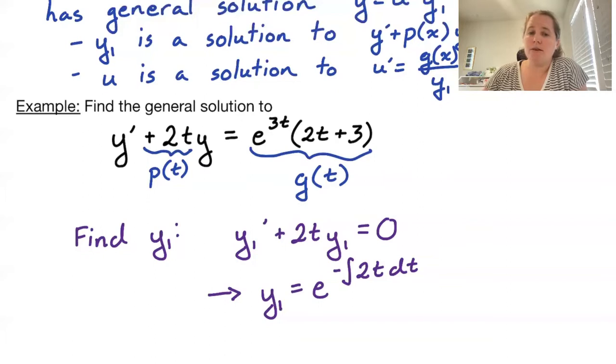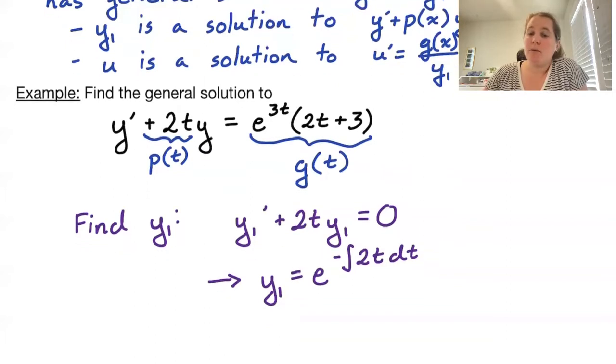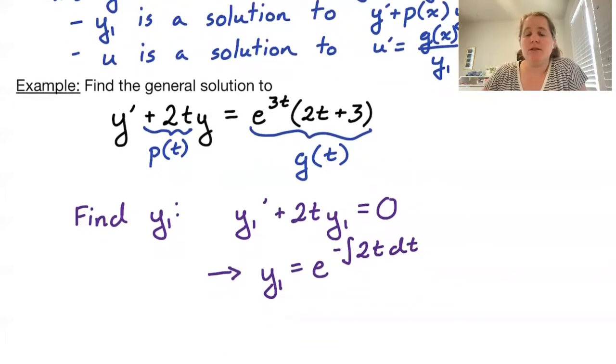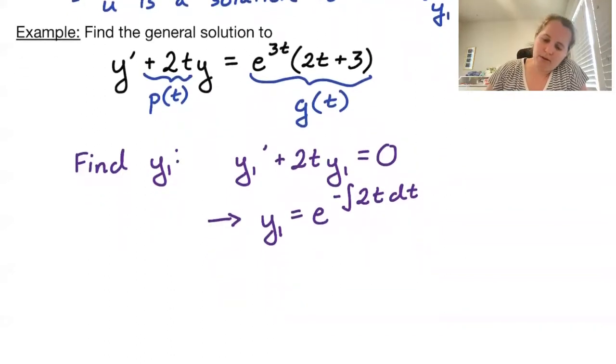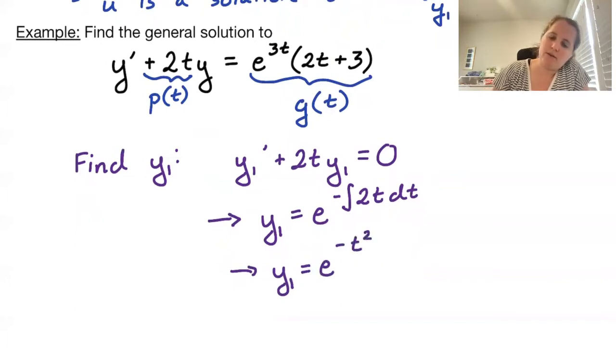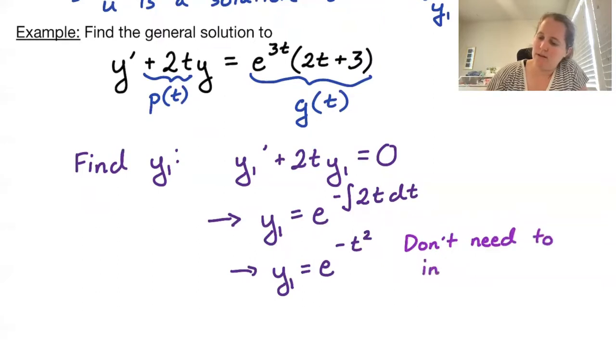And then we could do e to the on both sides. We don't need the c in this case because we just need one y1. So y1 is equal to e to the negative t squared. Again, we don't need to include c since we just need one solution.